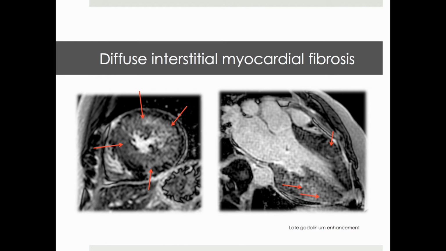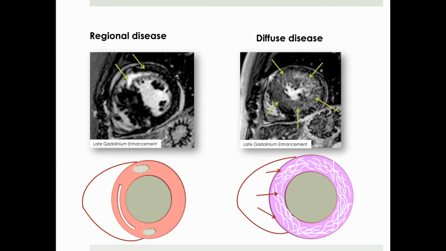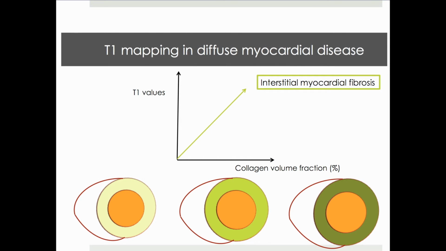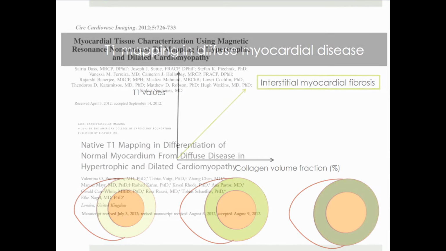Assessment of diffuse myocardial disease, including accumulation of interstitial myocardial fibrosis, represents a challenge for late gadolinium enhancement. Assessment of diffuse myocardial disease is now amenable by means of quantitative tissue characterization techniques such as T1 mapping.